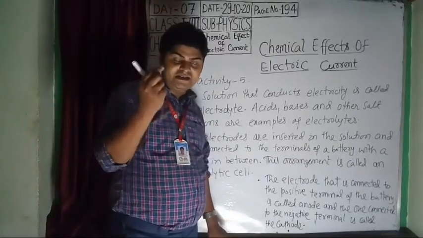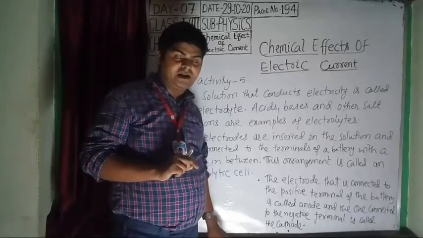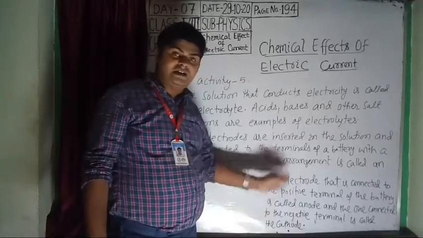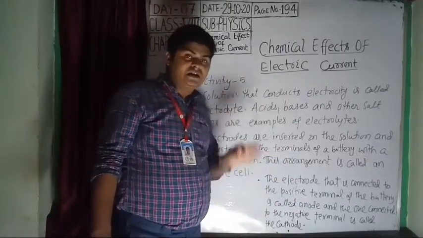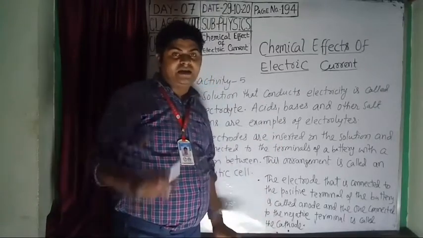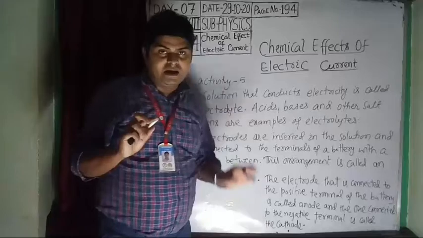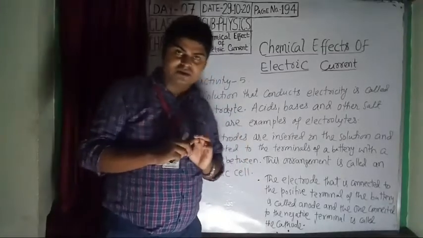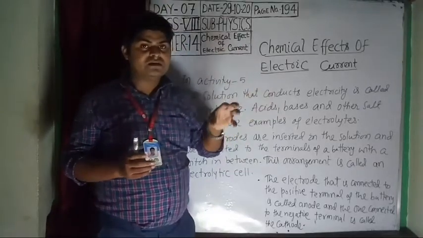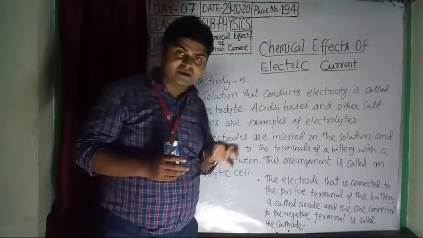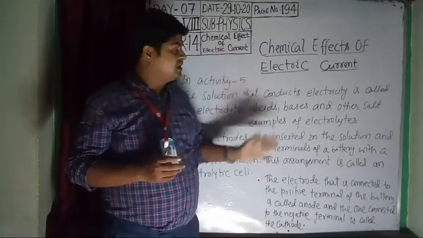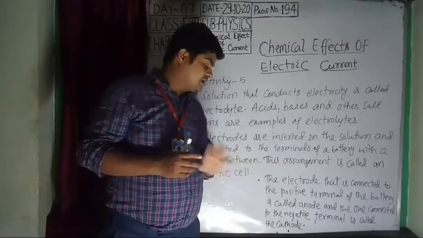The iron nail connected to the positive terminal of the battery is called the anode, whereas the other iron nail connected to the negative terminal of the battery is called the cathode. Both together are called electrodes, but when we call them separately, the one connected to the positive terminal is the anode and the one connected to the negative terminal is the cathode.